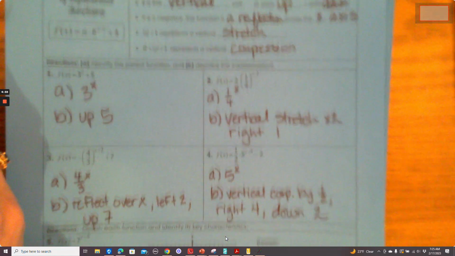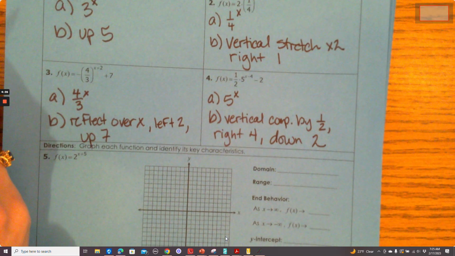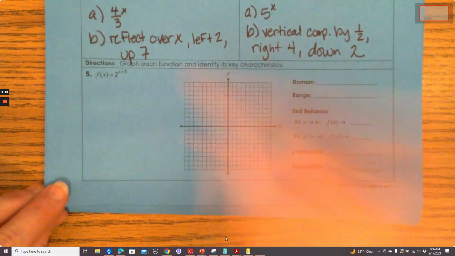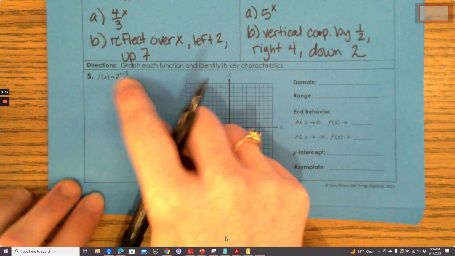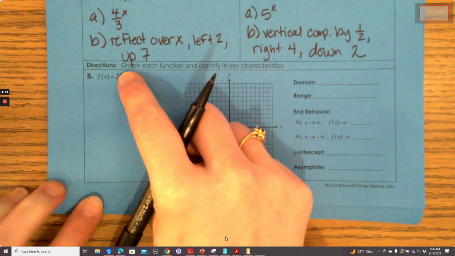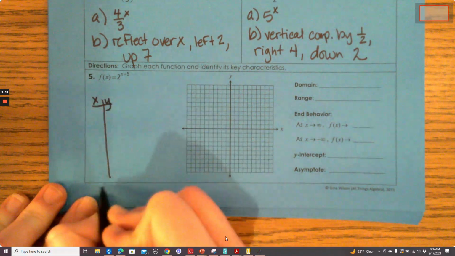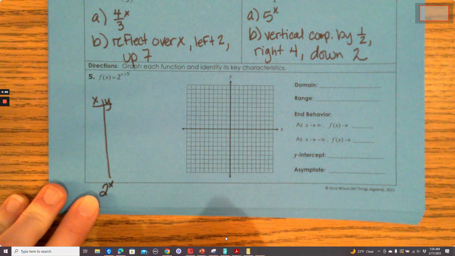Okay, so to see what this looks like. Here we've got 2 to the x plus 5. So our parent function here is 2 to the x.